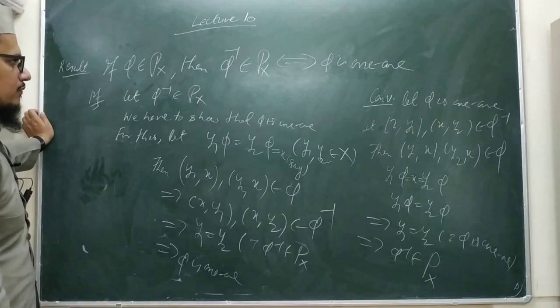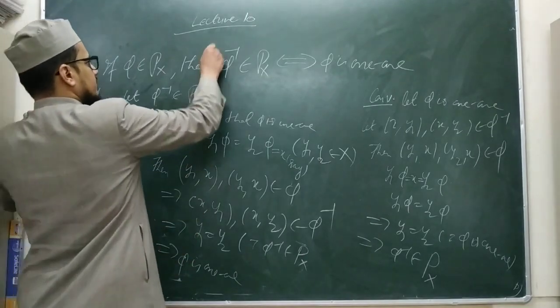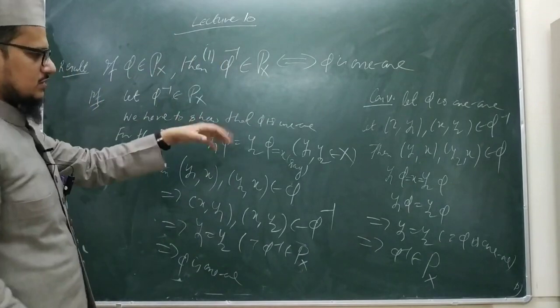So phi is 1-1. Okay, well, this is the first part basically. We have not used phi belongs to Px in this part.